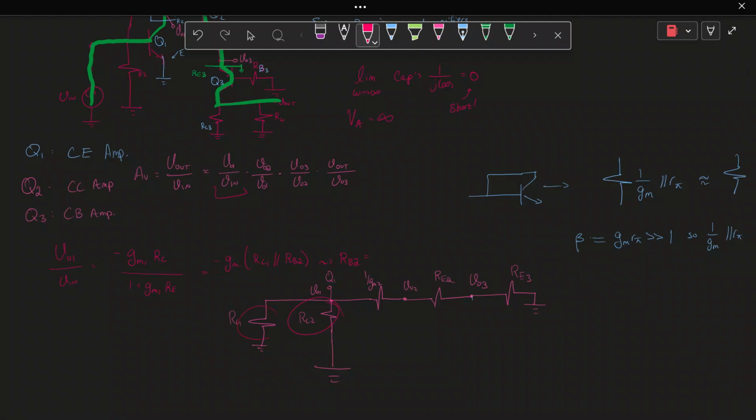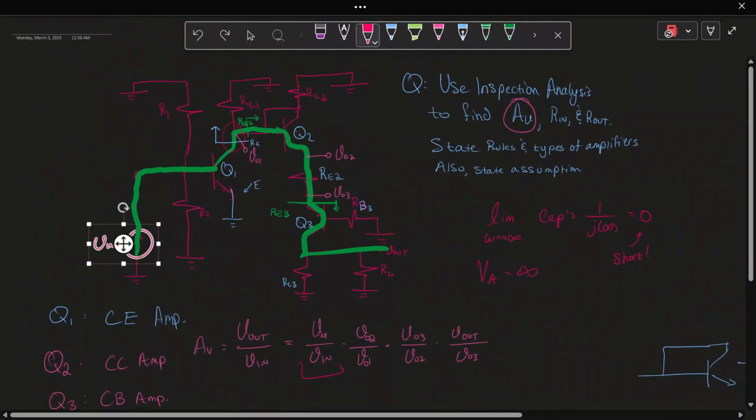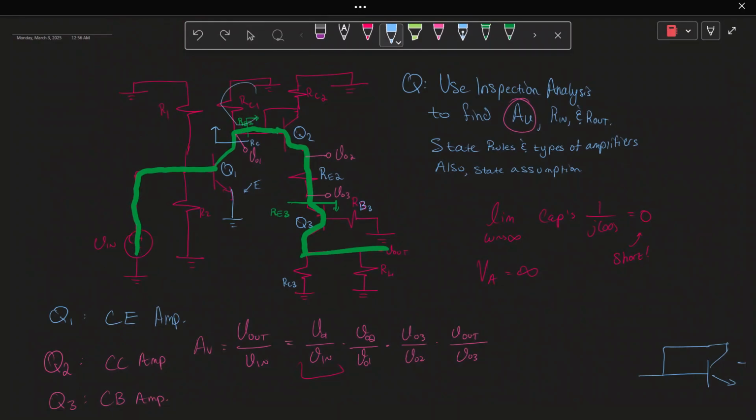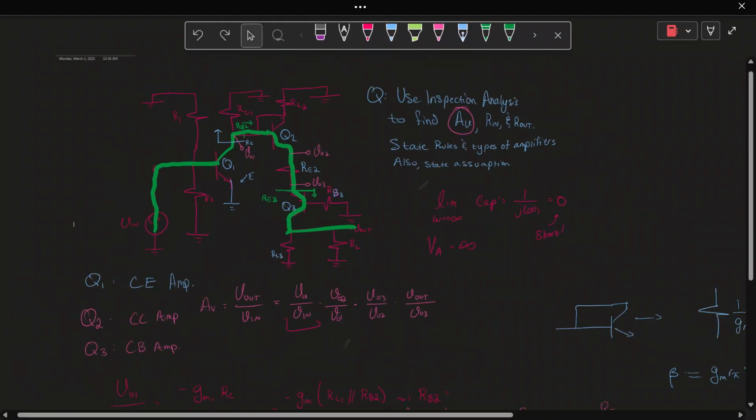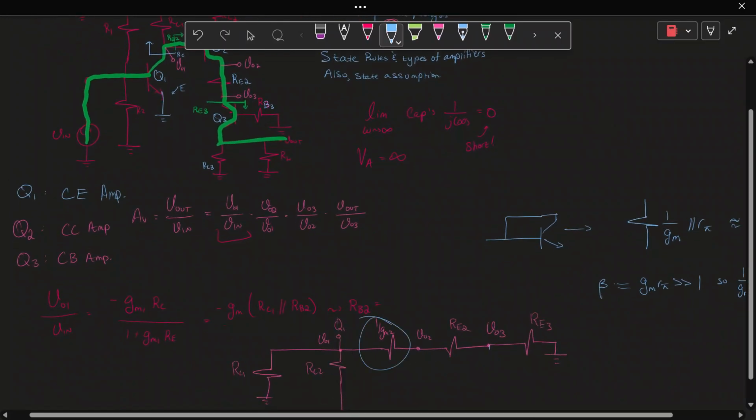RC2, RC1, and the Q1 transistor. And we can verify this by looking at this picture here. VO1, which is here, is connected to RC1, RB2, and Q1.